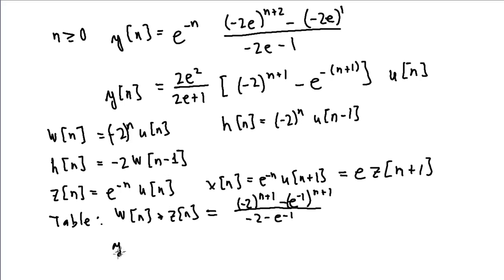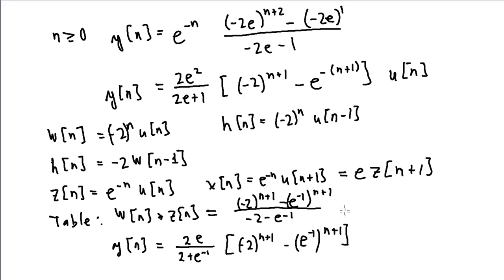Taking that into account, I get y of n. Multiply the minus 2, that'll cancel the minus signs here. I get 2 over 2 plus e to the minus 1, and then I also have the multiplication by e. And then I get minus 2 to the n plus 1 minus e to the minus 1 to the n plus 1.